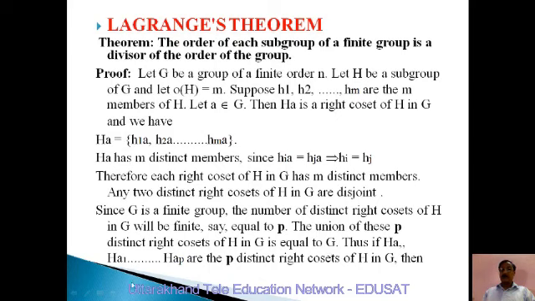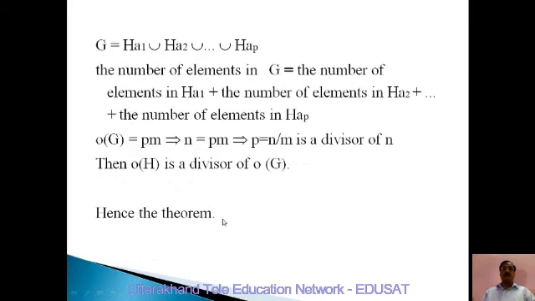Therefore, Ha1, Ha2, ..., Hap are p distinct right cosets of H in G. Then G is written as the union of these: Ha1 union Ha2 union and so on Hap.